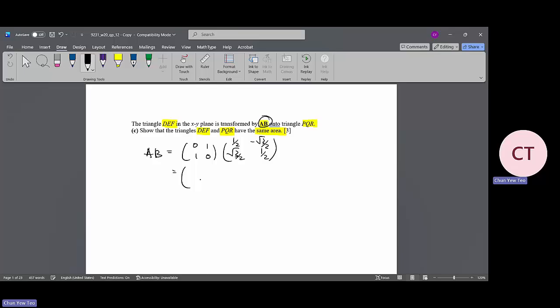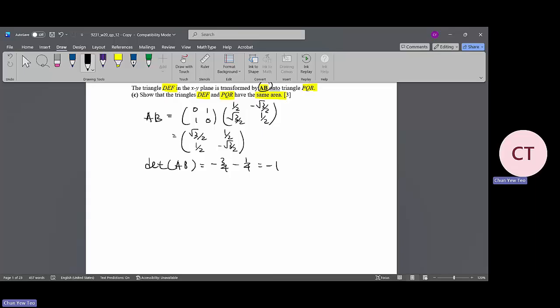If you multiply them, you will get root 3 over 2, a half, a half, and negative root 3 over 2. So the determinant of AB is negative 3 over 4 minus 1 over 4, which is equal to negative 1.